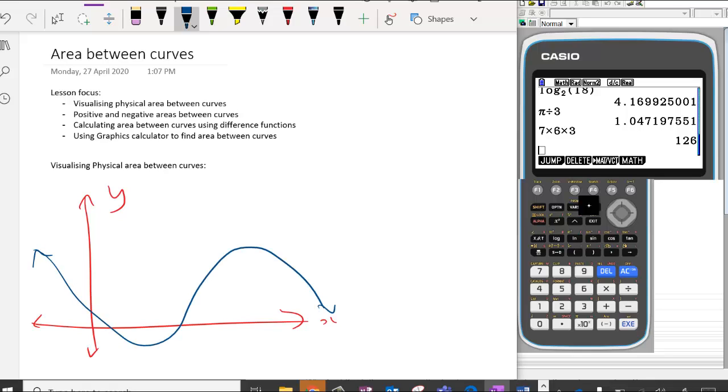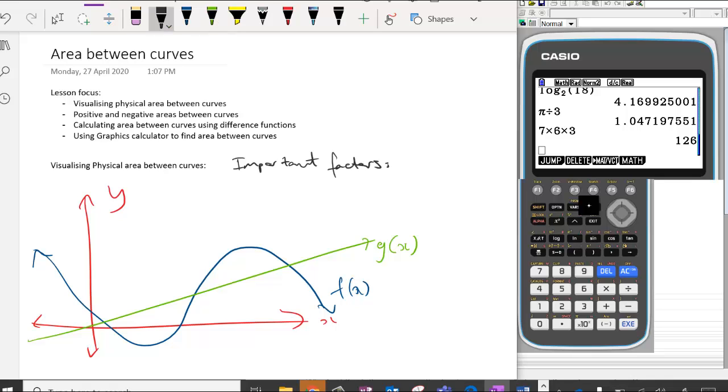Function 1 is f of x, and function 2 is g of x. Now, when we're looking for area bound between two curves, the important factors are obviously the intersection points.